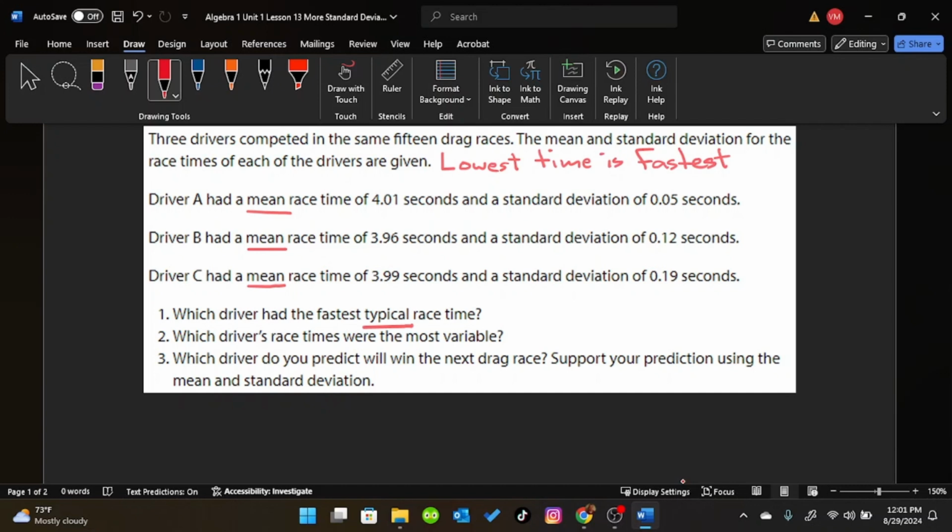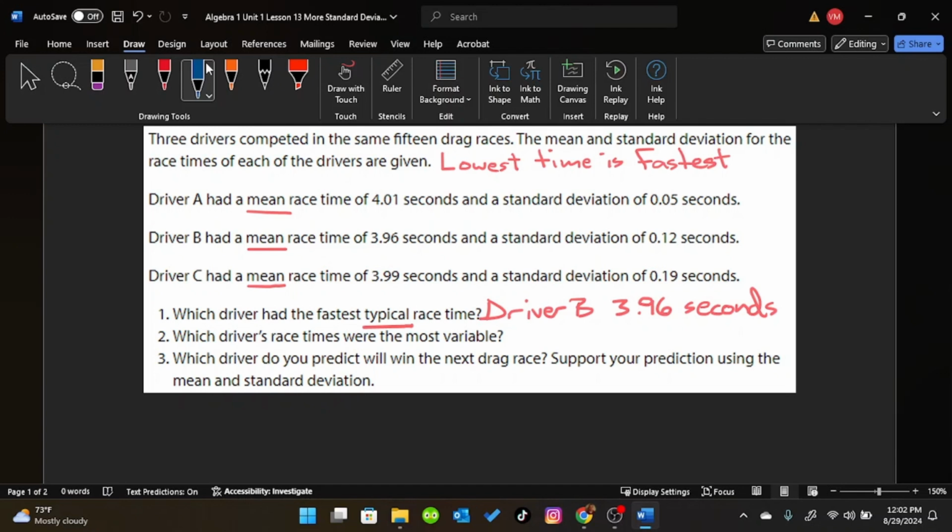So if I want the fastest typical race time, I want the smallest mean, and that would be driver B, 3.96 seconds.